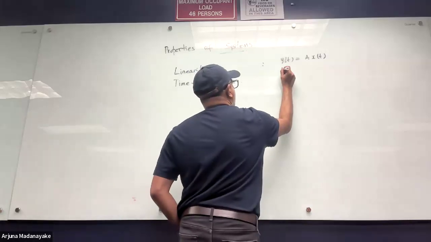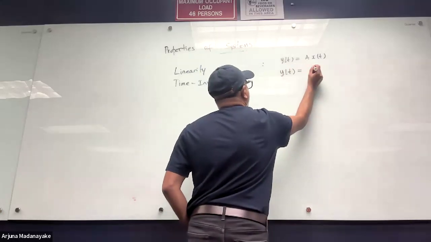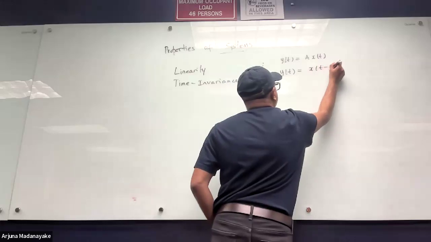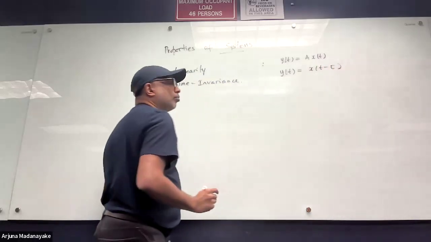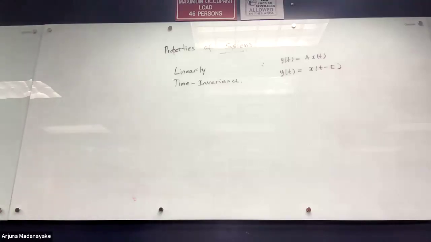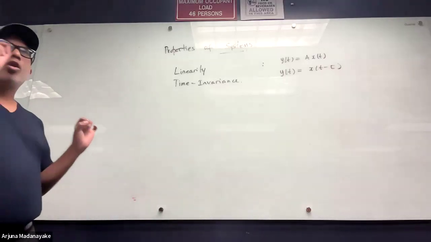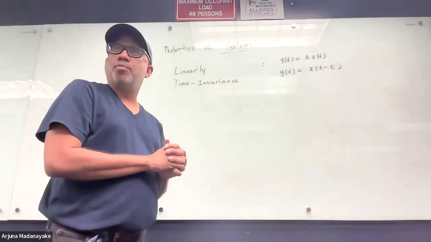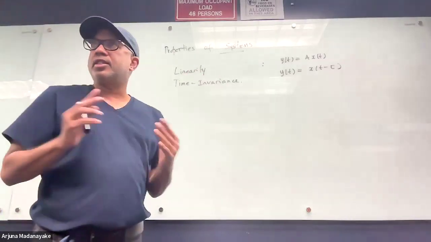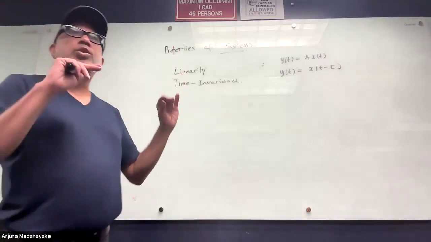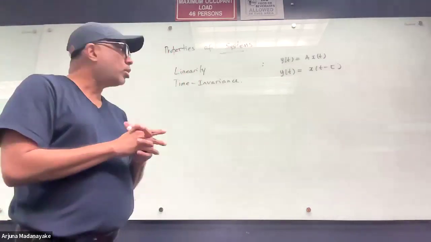Time invariance means y of t is equal to x of t minus tau. If the system is linear, the output is always a scaled version of the input.